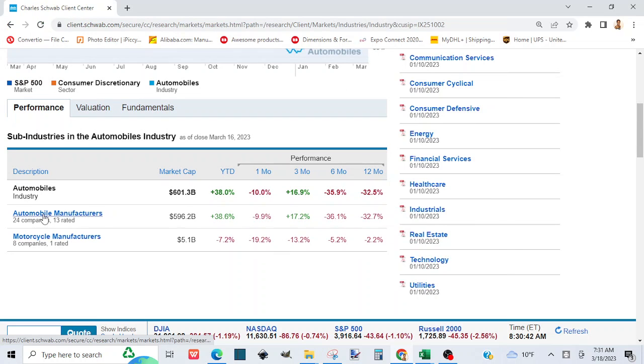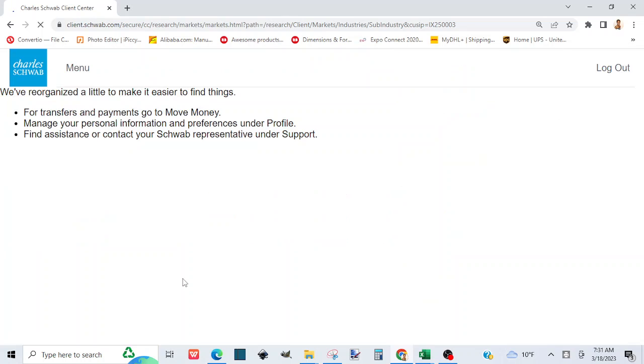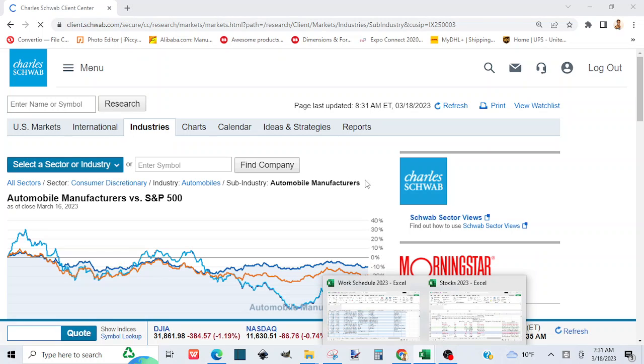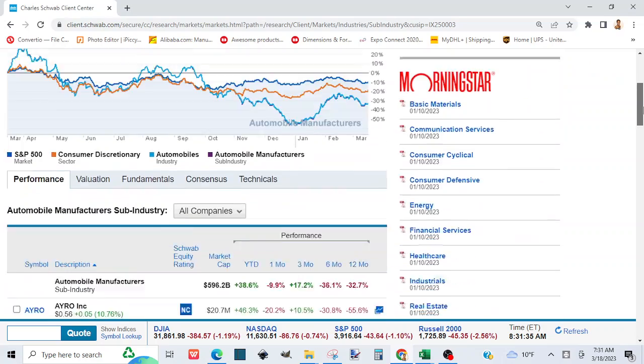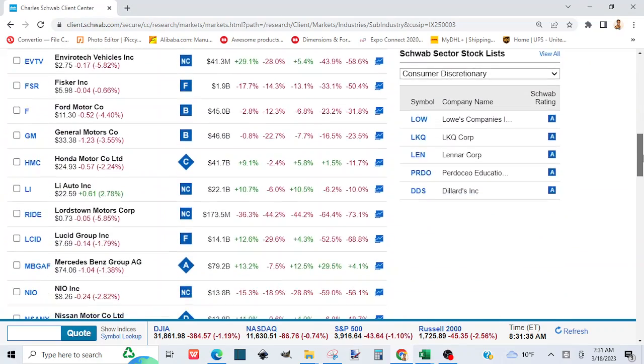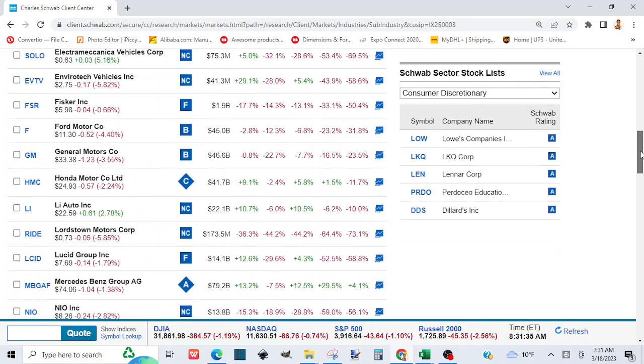Okay, so now we are going to click on the first one, automobile manufacturer sub-industry. Anyway, so we scroll down and we have those companies here. Good.